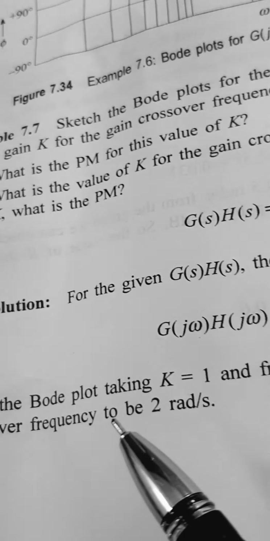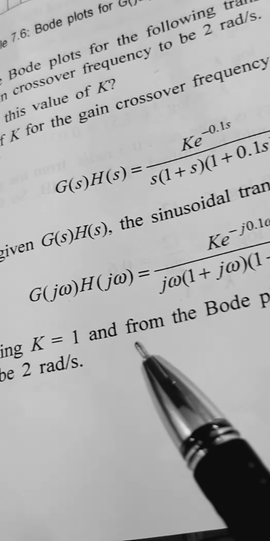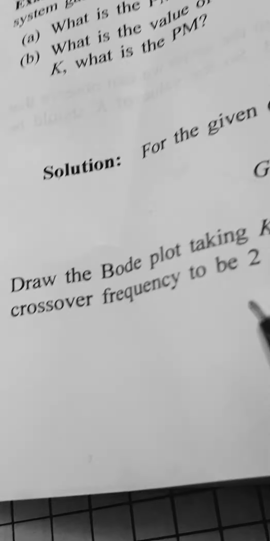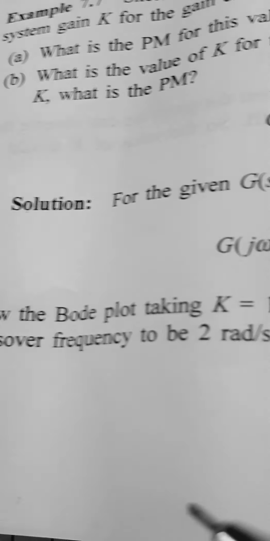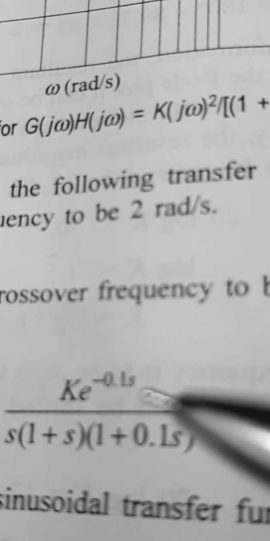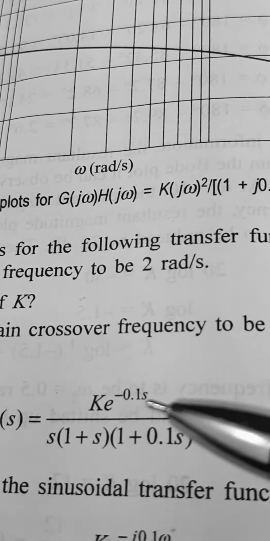So here, considering k as 1, draw the Bode plot taking k is 1, and from the Bode plot calculate the value of k for gain crossover frequency to be 2 radians per second.